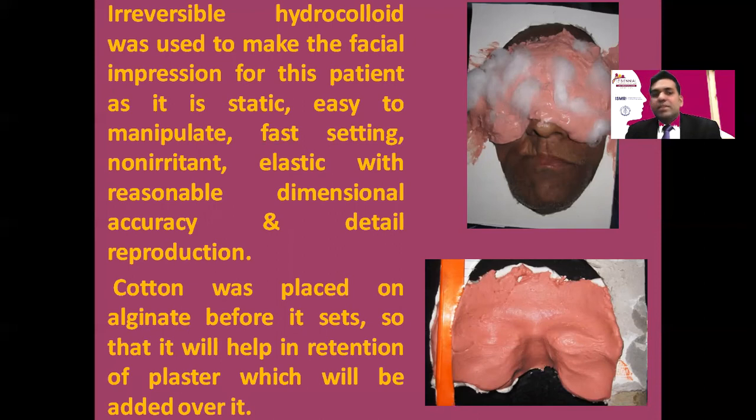Apart from that, it is non-irritant and elastic with reasonable dimensional accuracy and detailed reproduction. Once it is in the initial setting phase, cotton was placed on the alginate before it sets, so that it will help in retention of the plaster, which will be added over it. The impression was retrieved after supporting it with stone or plaster, so that deformation of the impression can be avoided.